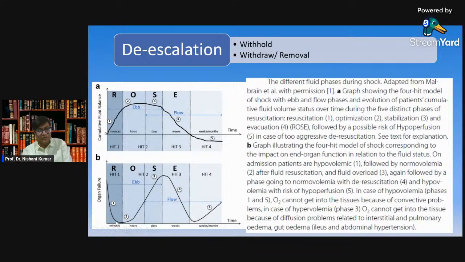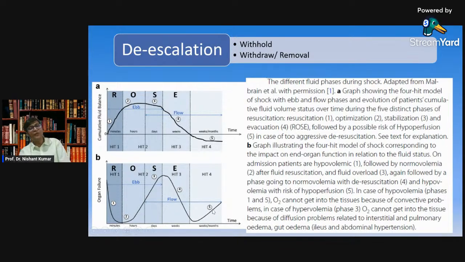So if you see the chances of organ failure from hypoperfusion, it is the highest at first. Then once the resuscitation is over, it is low. And now during the optimization and stabilization phase, if the patient goes into positive balance, again the chances of organ failure increase. And then as you remove the fluid, the chances of organ failure decrease.